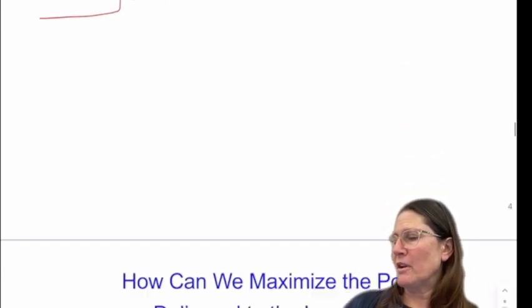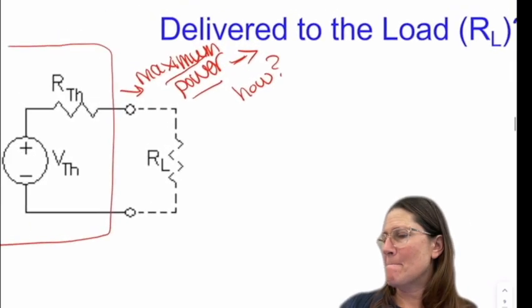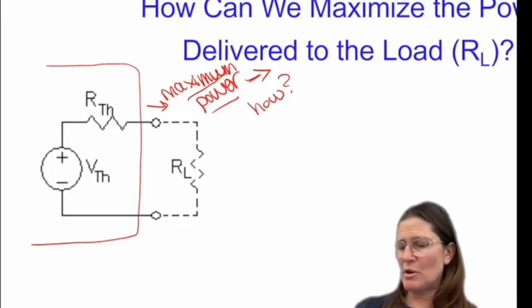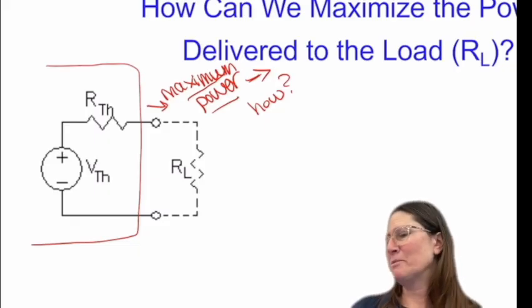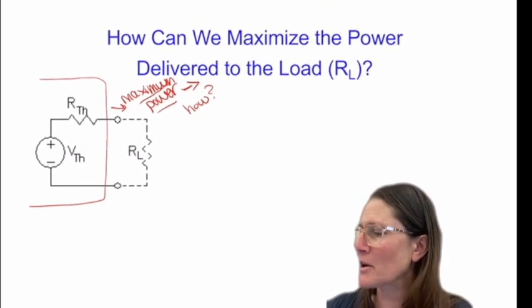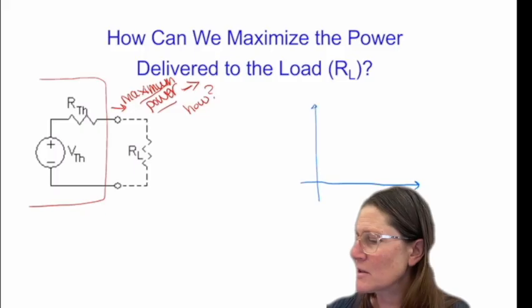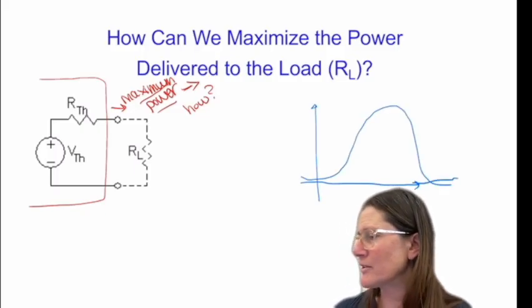Anybody remember when you have signals? Well, let me go back to a graph. Okay, so back to math. How did we find the maximum of, say, a signal that looks like this?